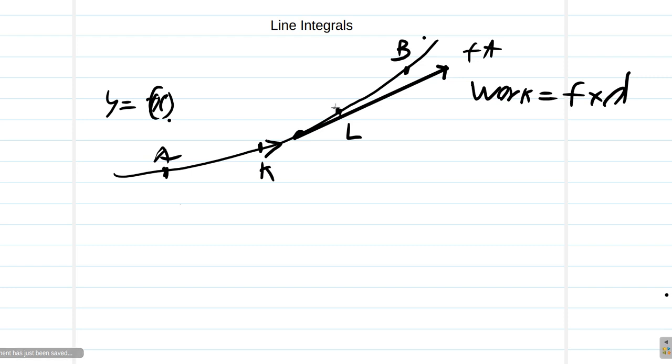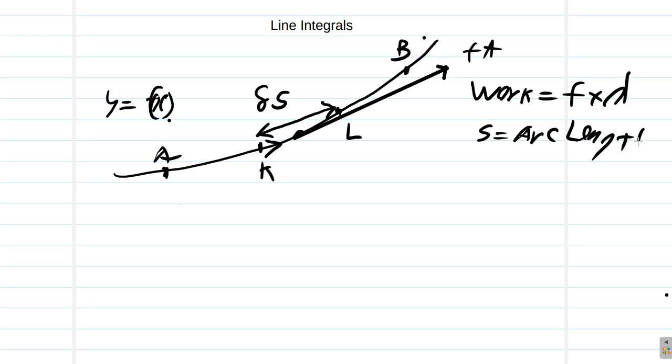Now the length from K to L, let's call it delta S, where S is the length of this arc, right? S equals arc length. So it's the length from K to L, right?